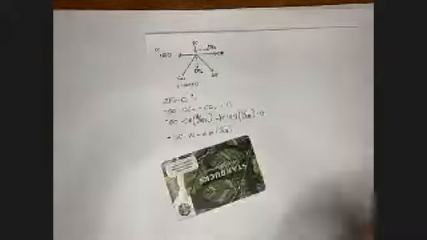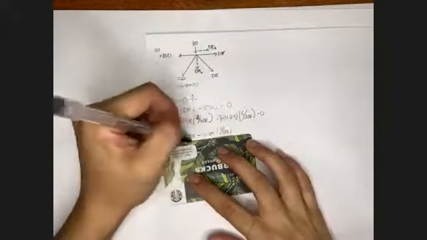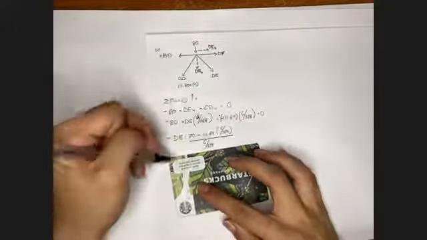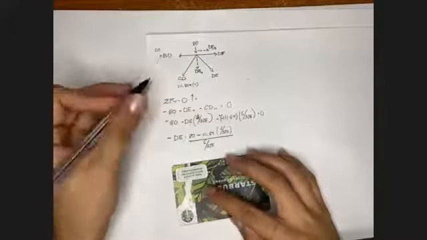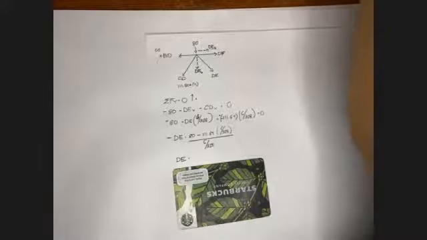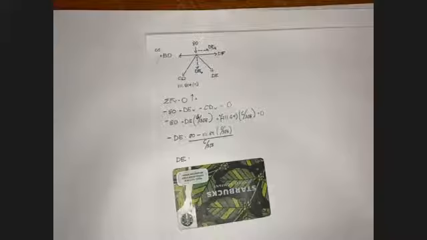And then i-divide natin yan by 6 over 3 square root of 5. So what is the value of DE? It's 22.361.